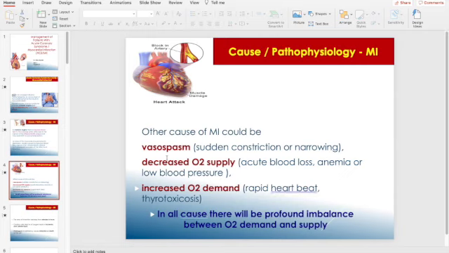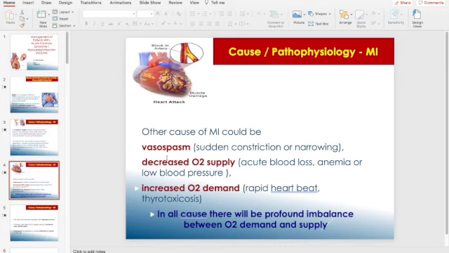Another thing you have to know is the causes and pathophysiology of myocardial infarction. We said the cause of angina, unstable angina or myocardial infarction is reduced coronary blood flow. Reduced coronary blood flow is because of atherosclerosis, but there are other causes like vasospasm, where the patient has sudden constriction or narrowing of the coronary blood vessels.